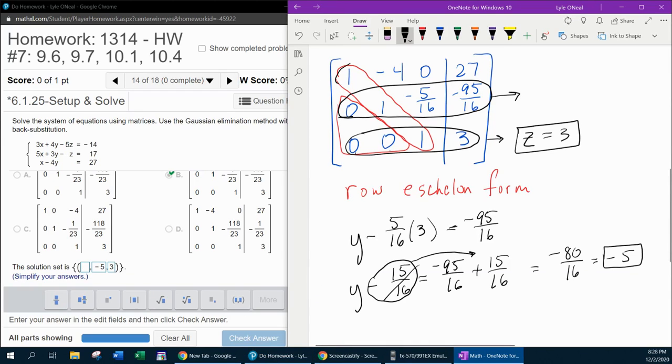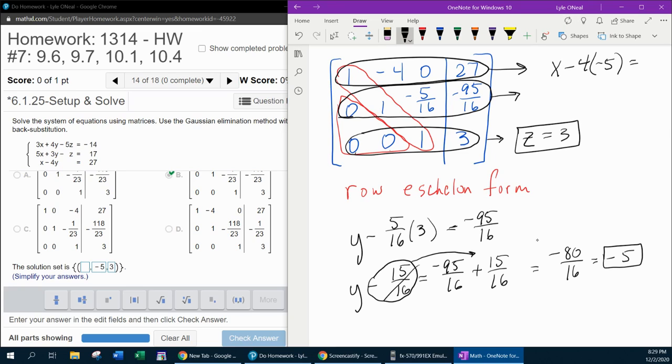And so that means we're going to go back up to the top row and translate that back into an equation. That's going to be x minus 4y. Oh, but I know what y is, right? Y is negative 5, so I can substitute.